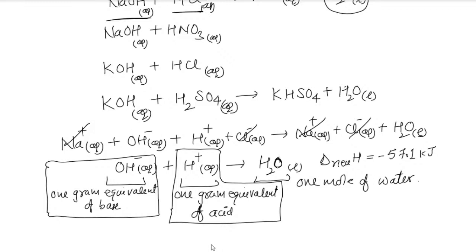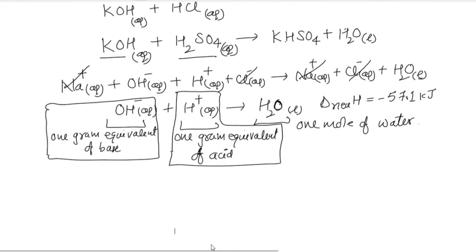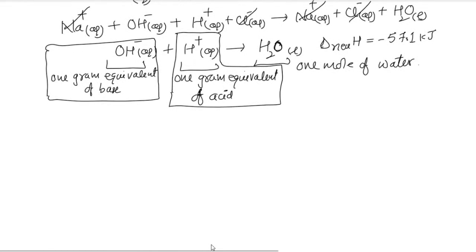Okay, or if you write it as 2 KOH and 1 mole of H2SO4, then it will give double enthalpy of neutralization, just double of the value. Means it is simply the enthalpy change or energy released when 1 mole of water is formed from 1 mole of OH negative ion and 1 mole of H plus ions.